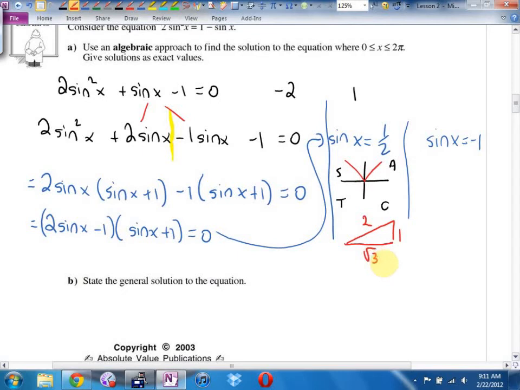Which one has a sine of 1/2, the bottom one or the top one? Sine is opposite over hypotenuse. Opposite. That one is a sine of 1/2, yes? How big is that angle? My reference angle is pi over 6, which means this angle is pi over 6, and this angle is pi over 6.